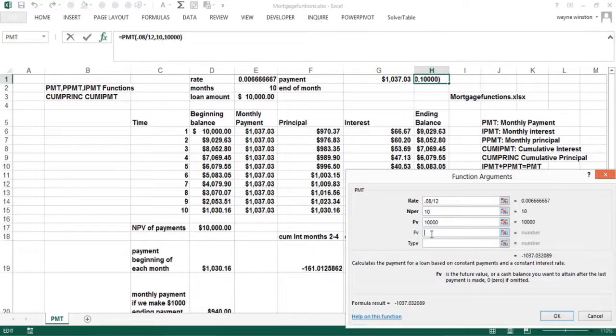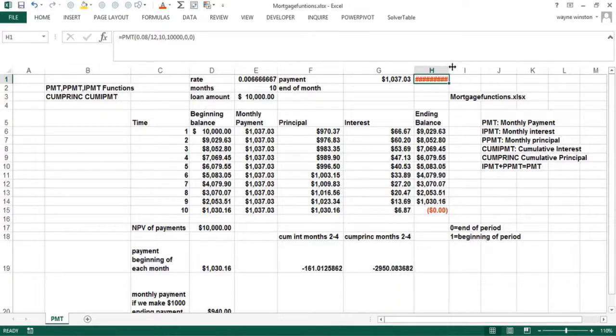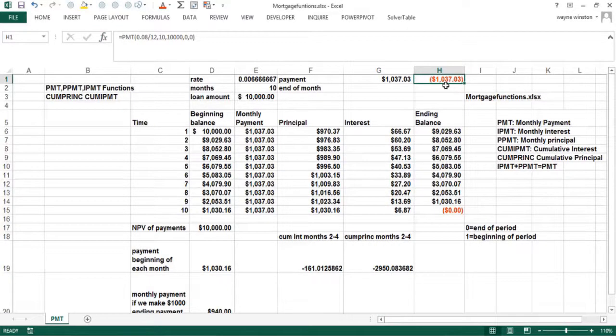In other words, we're not paying anything like a balloon payment. And it's end of the month payments. So it's going to say minus because you're paying the money. Okay, so it's in red because you're paying the money. Now I'm going to flip that by putting a minus sign in front of it. So if you want to pay off a 10-month loan at 8% a year, you should pay $1,037.03 each month.